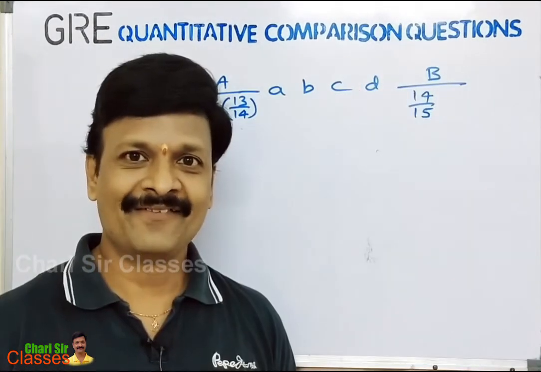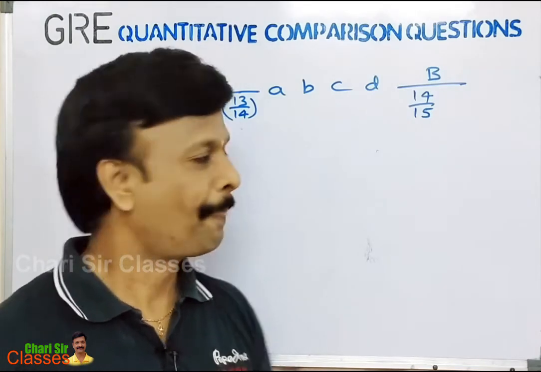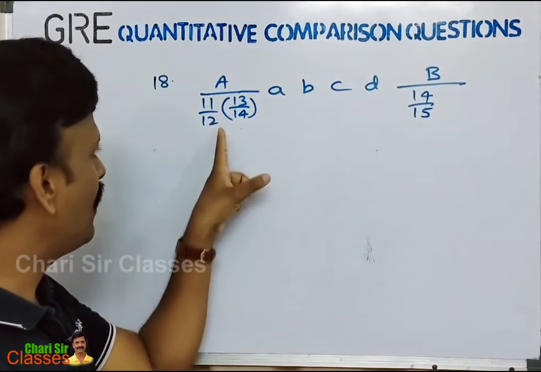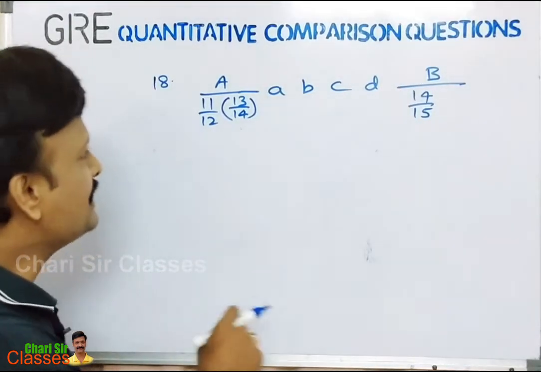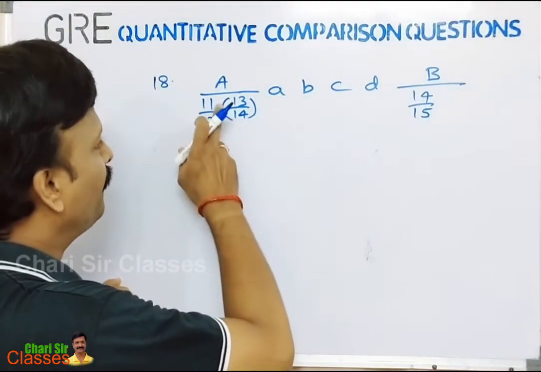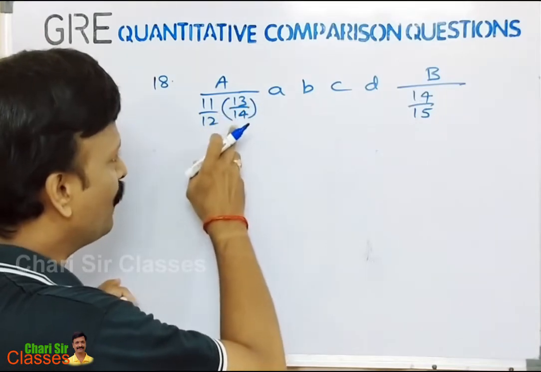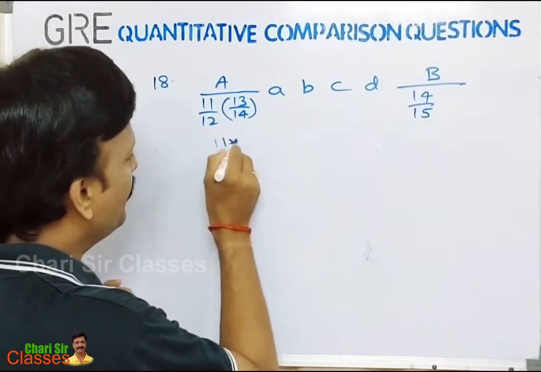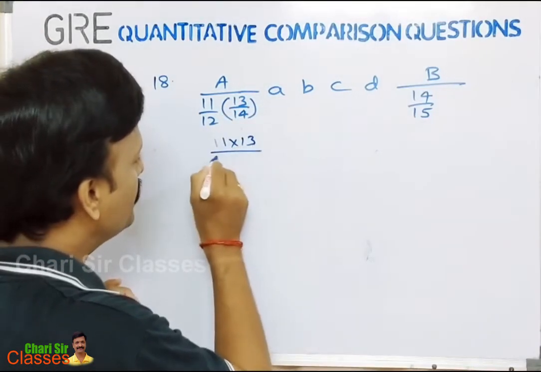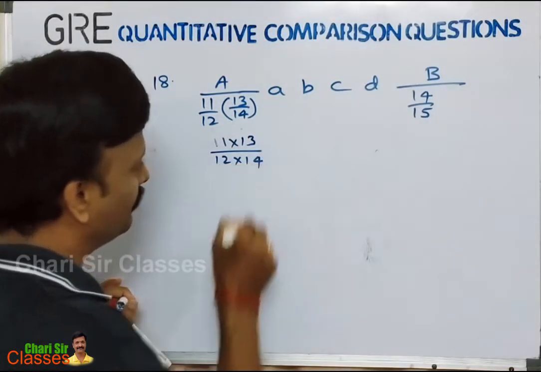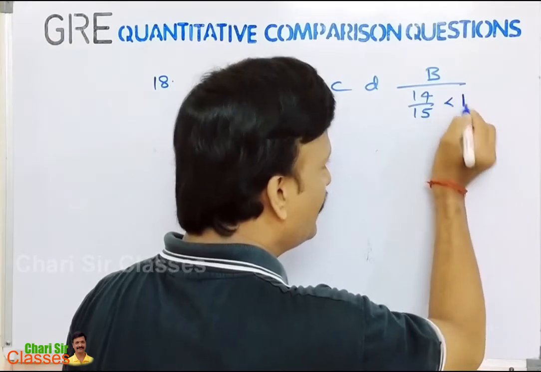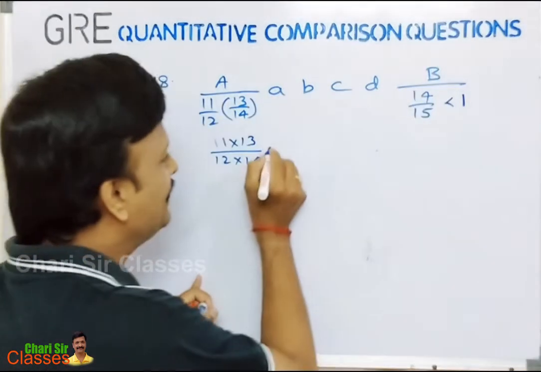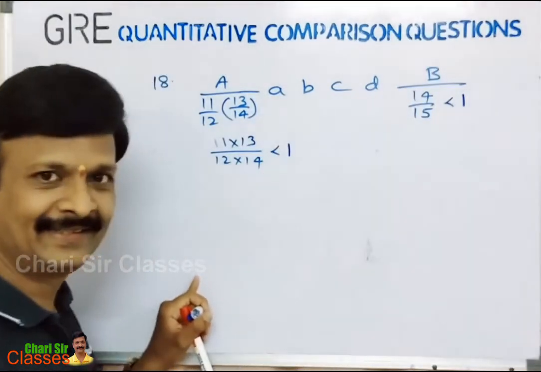Question number 18 is given with numeric expressions. So here 11 by 12 of 13 by 14 and here 14 by 15. Let's see here 11 by 12 of 13 by 14, which can be written as 11 into 13 by 12 into 14. Here 11 by 15 is less than 1 and this is also less than 1.